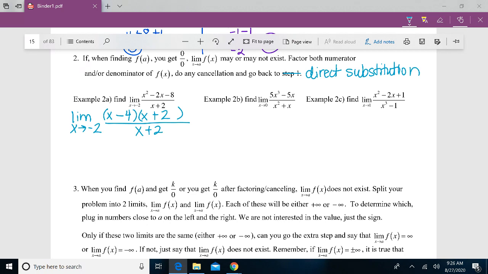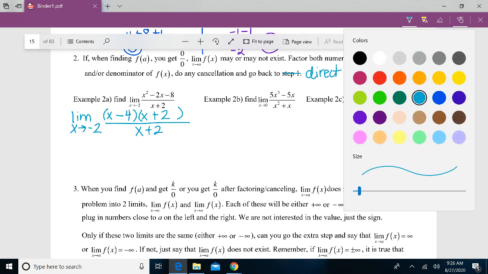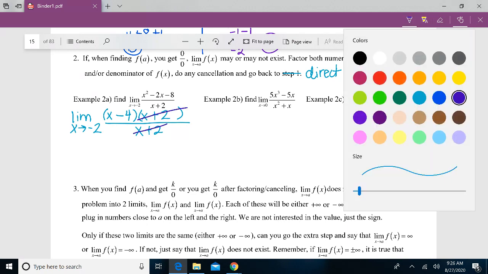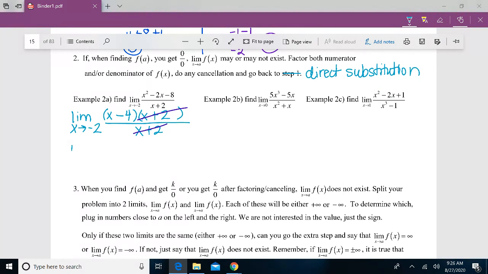And I see that there's an x plus 2 in the numerator and an x plus 2 in the denominator, so I can divide those out. Now this is equivalent to the limit as x approaches -2 of x minus 4. Notice I've also brought down my limit notation. I'm not saying this is equal to x minus 4 because I'm not doing the algebra. I'm doing calculus. So calculus is the entire thing.